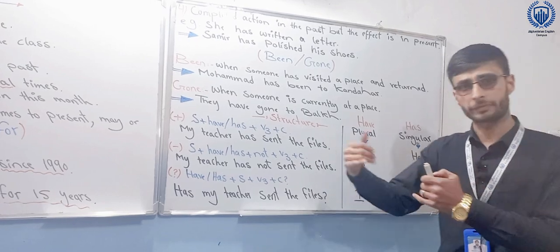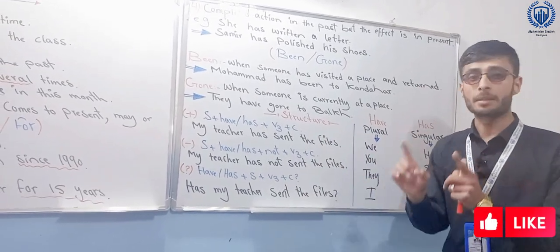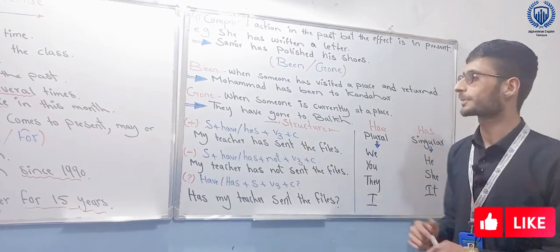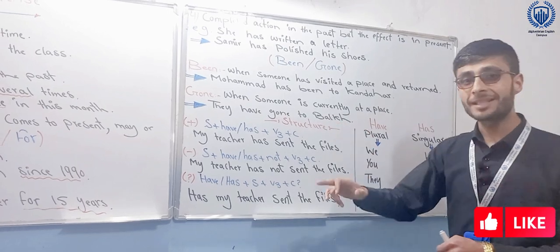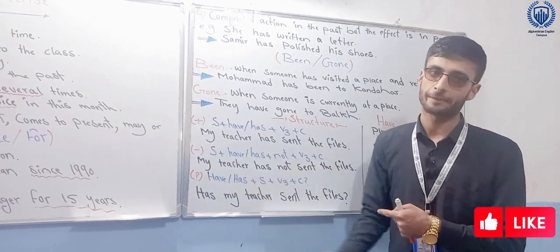As you know, we have the first form, second form, third form, and ing form of the verb. In present perfect tense, we should use the third form, which is called the past participle. But before the past participle, we should use have and has.